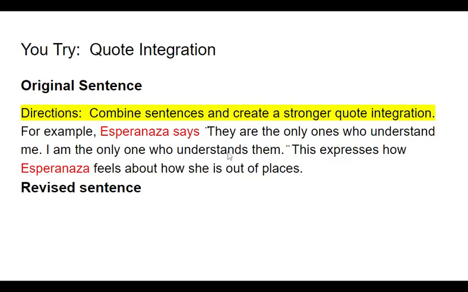So, do you have to use the whole sentence? Could you just use part of it? How can you get this idea and this quote and take out "Esperanza says"? I'm going to pause for a minute and give you a few moments to work on that.